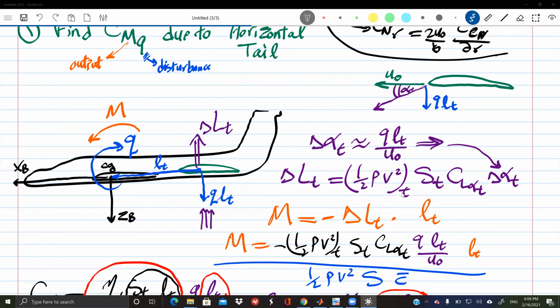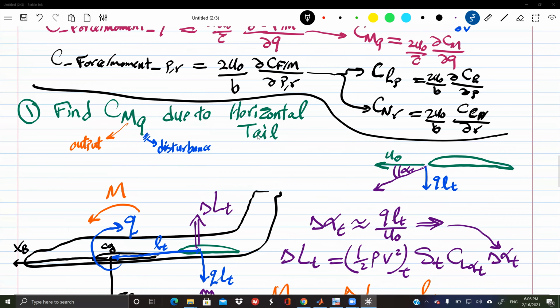This is our usual way of doing it. If I'm considering something on the wing, like the next example, it will be 1/2 rho V squared on the wing, which is the same as that of the airplane, because the airplane reference is the wing. And after the last example, I will do something on the vertical tail, so this will be 1/2 rho V squared at the vertical tail.